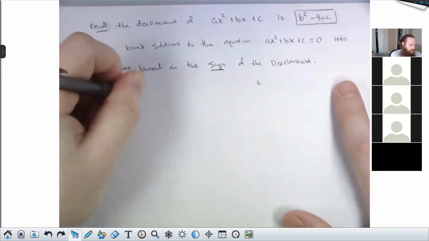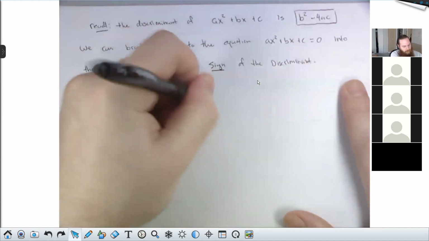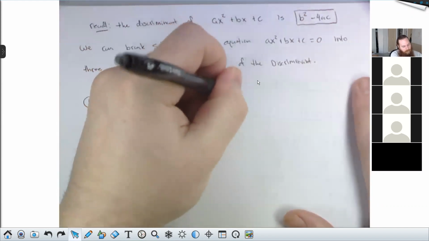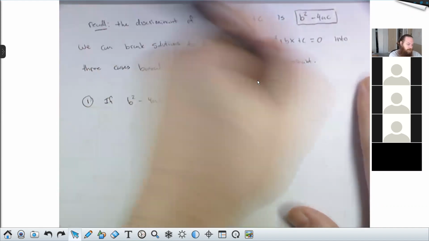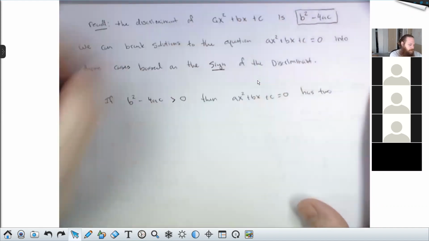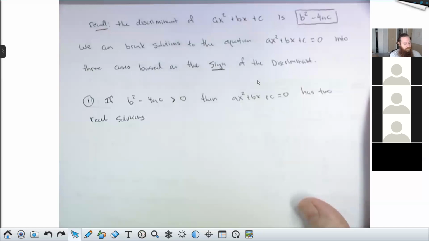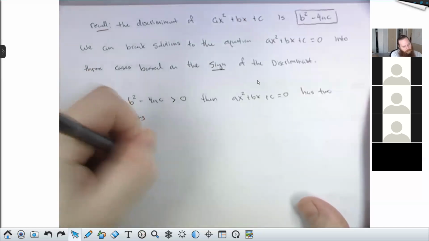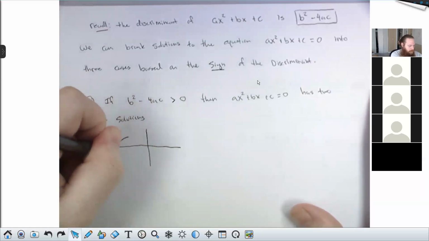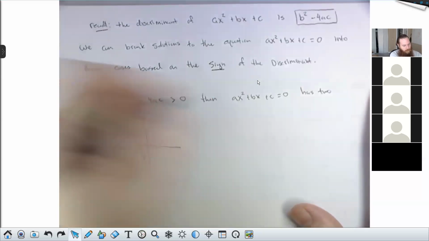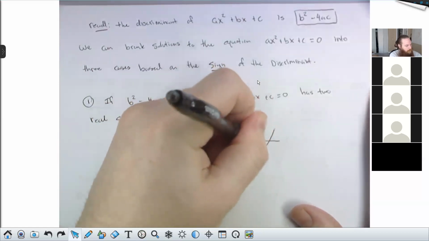If b squared minus 4ac is positive, then the equation ax squared plus bx plus c equals 0 has 2 real solutions. And this corresponds with pictures that look either like this or like this.